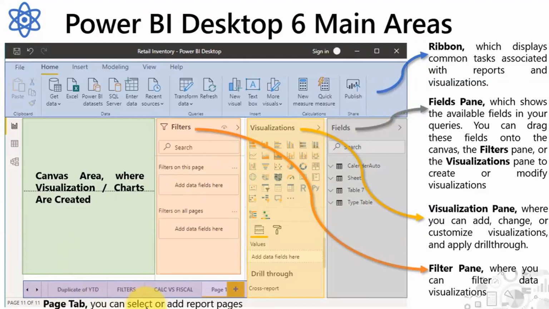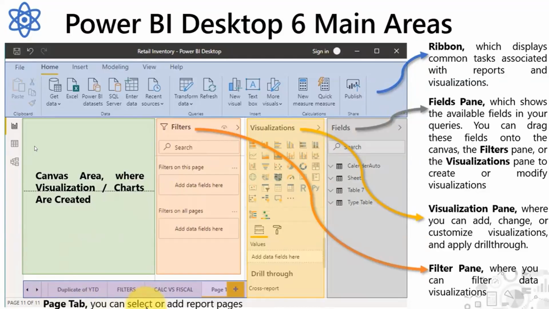So we can add this to the differences. What is the difference between Excel and Power BI? In Excel we call them sheets; in Power BI we call them pages. Yesterday we discussed the difference between Excel and Power BI, so we can add this as one more difference.